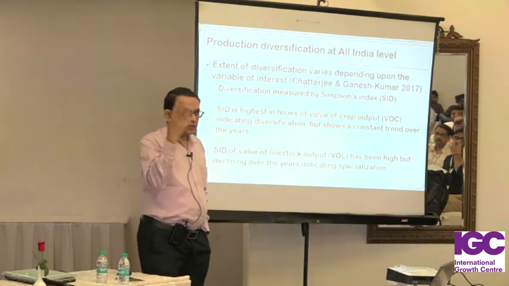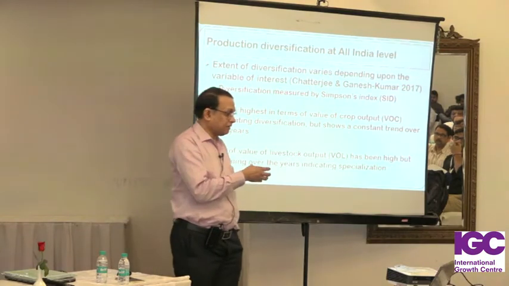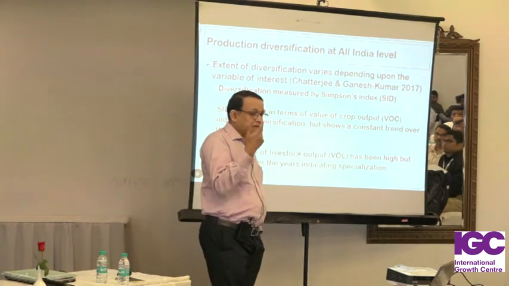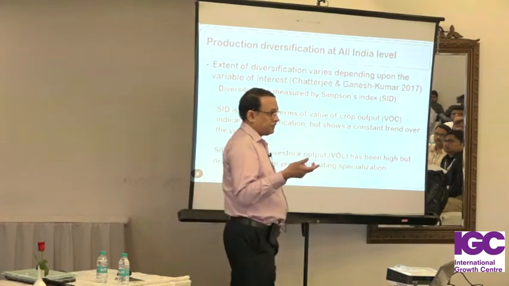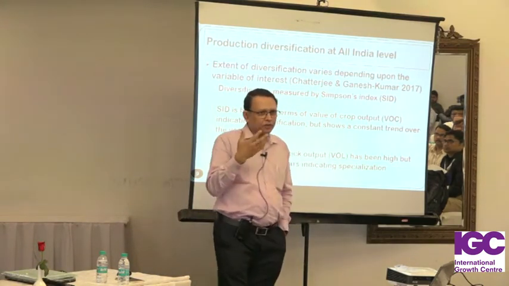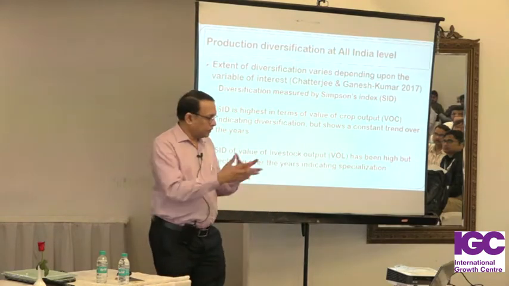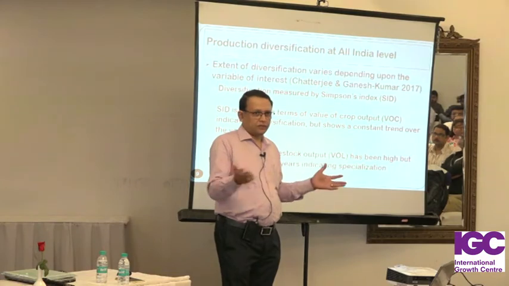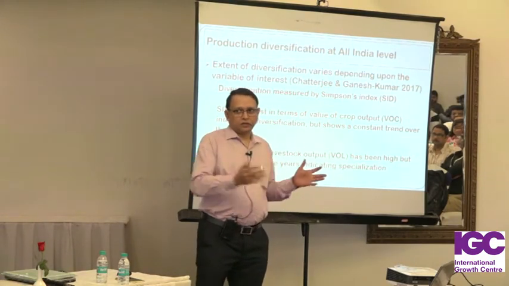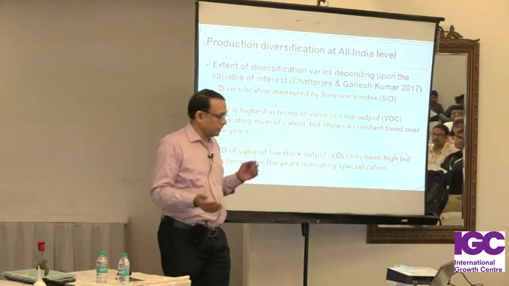Some states are more diversified, some are less diversified. And you can talk about this in terms of production diversification, that is, if you look at the output, whether the basket consists of a few commodities or a lot more commodities.